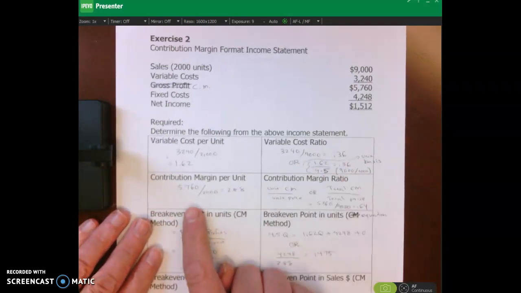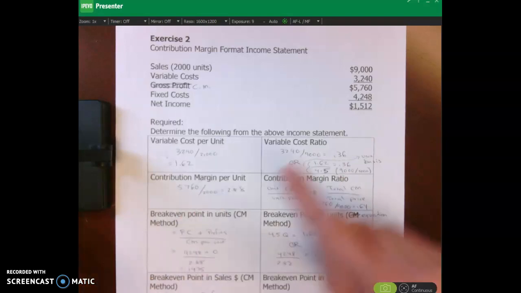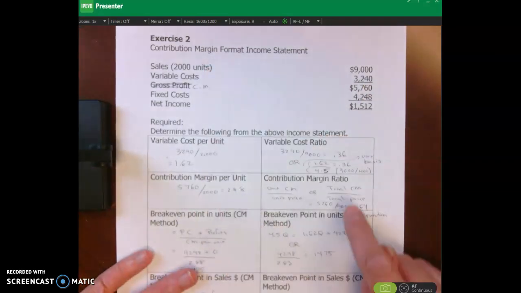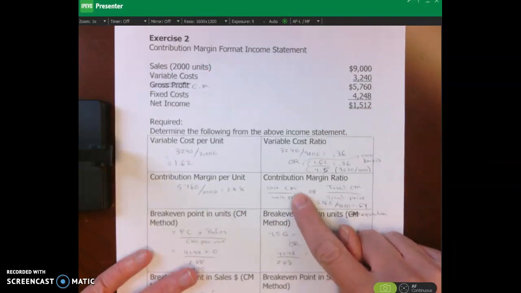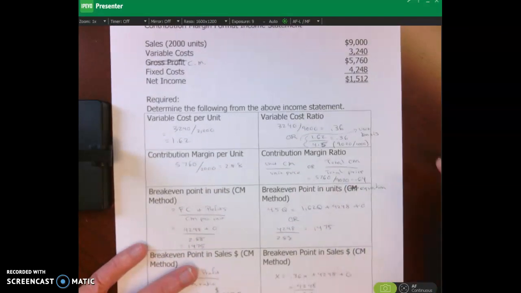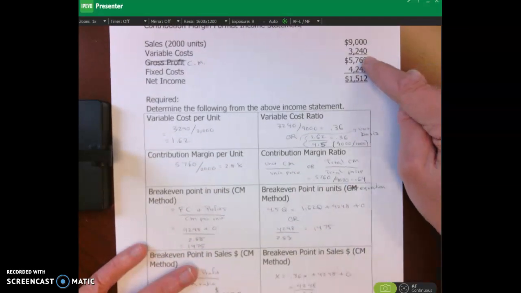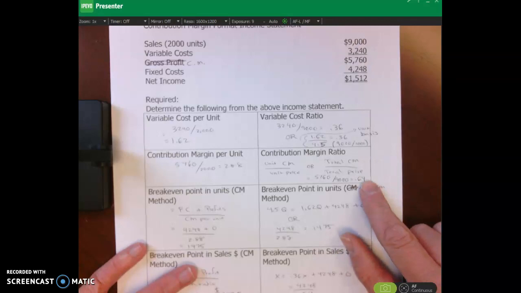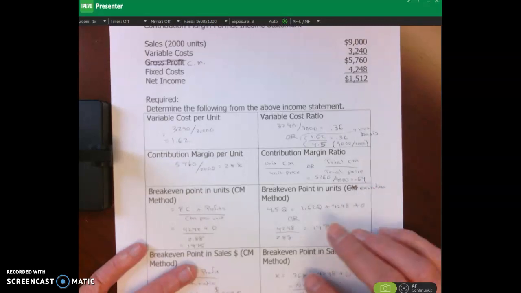Then we can calculate our contribution margin per unit by taking total contribution margin divided by total units. Our contribution margin ratio, you could do it in terms of units, unit calculations, or in terms of total. I chose to do it in terms of total. I take total contribution margin divided by total sales, 0.64. So you get 64 cents of contribution margin for every dollar of sales.